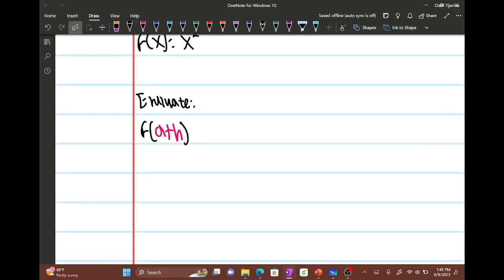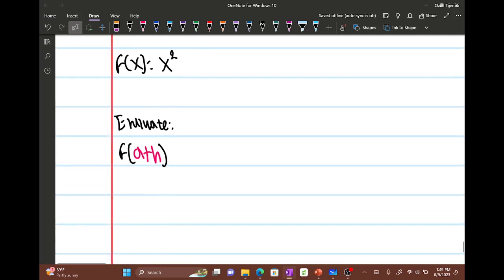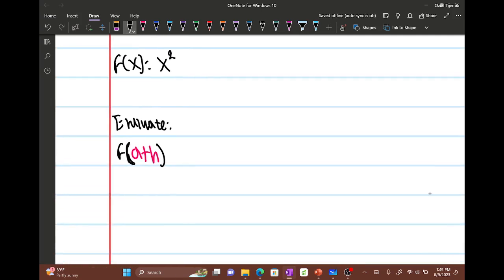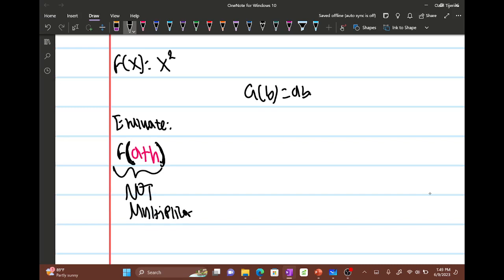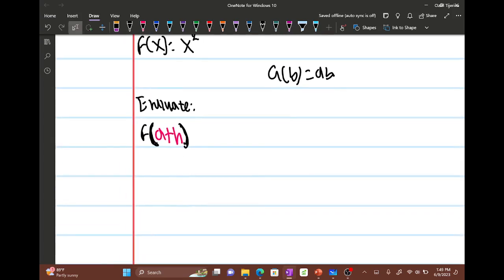The one thing students do with this is that they think that because in math when we're talking about a number a times b, we say this is ab. But this is not multiplication, guys. We're not multiplying here. This is a function. There's a difference when you have a function, you're plugging in something.